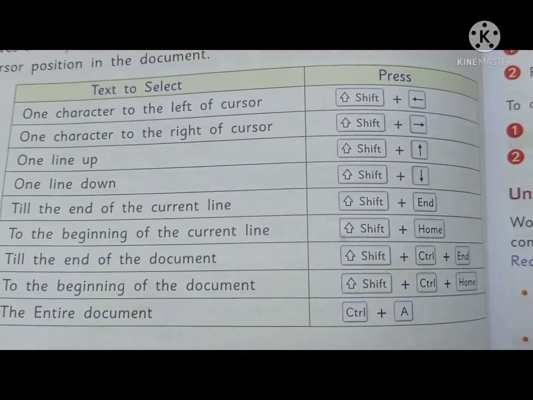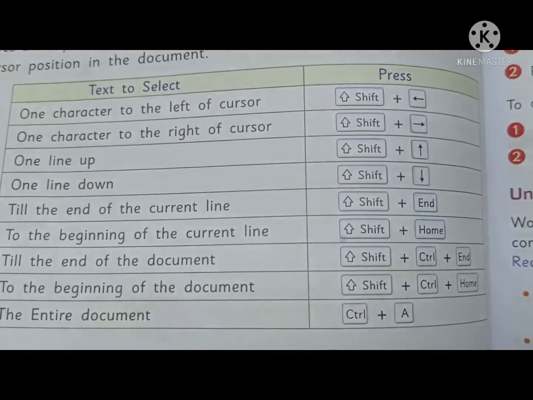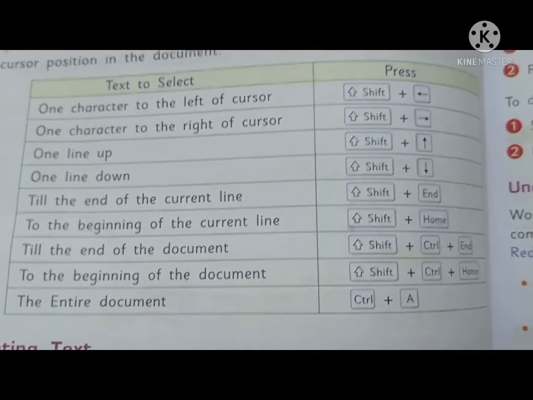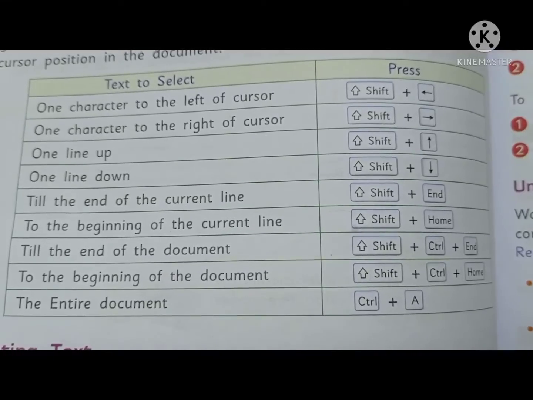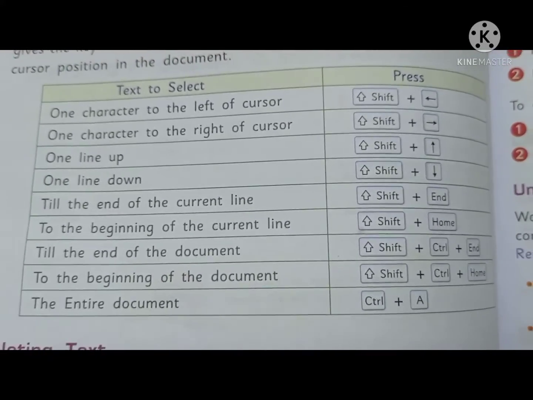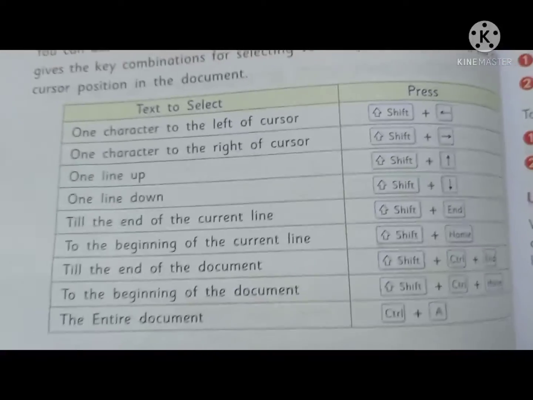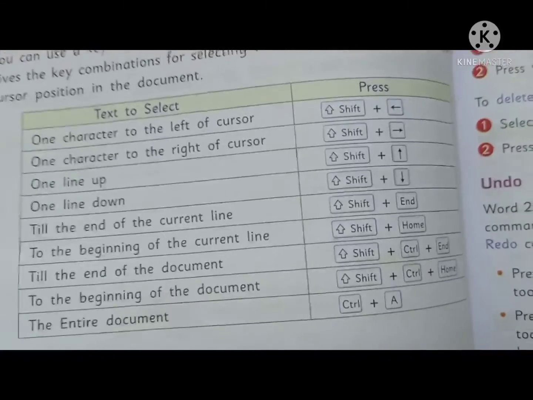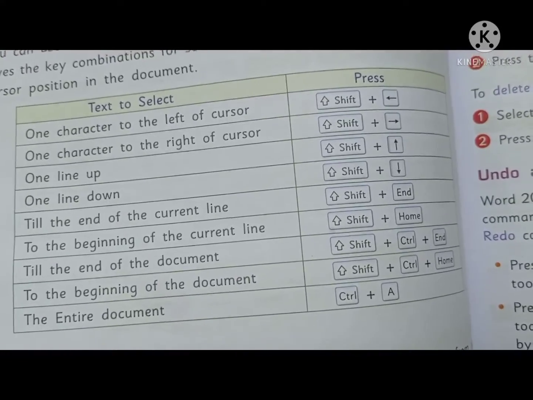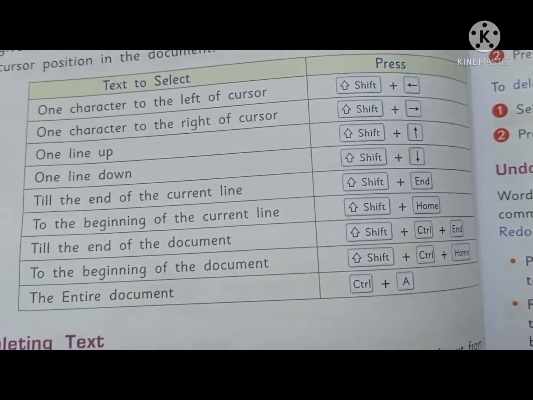Or if you want to select the document from the beginning, that means shift control Home. Okay, then if you want to select the entire document, the full document, that means control plus A. Okay, these are some shortcuts to select one line, one letter, one sentence, the full document, all these.